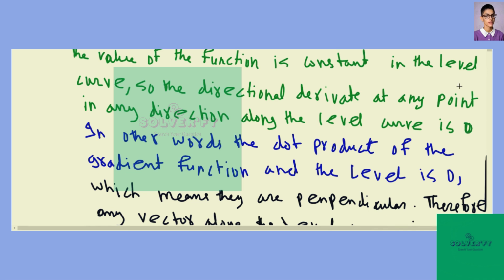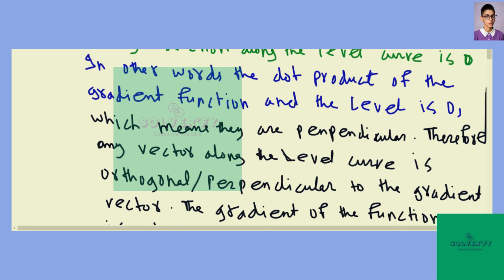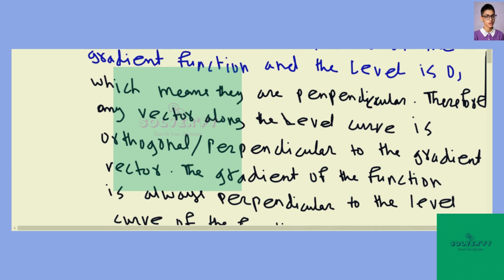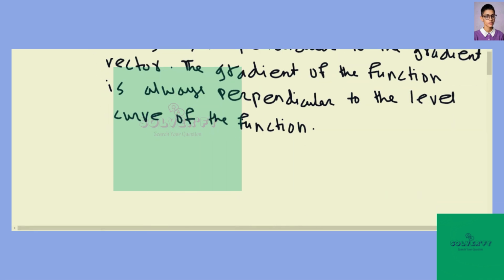In other words, the dot product of the gradient function and the level curve is zero, which means they are perpendicular. Therefore, any vector along the level curve is orthogonal, perpendicular to the gradient vector. The gradient of the function is always perpendicular to the level curve of the function. So this is the final explanation of the question.